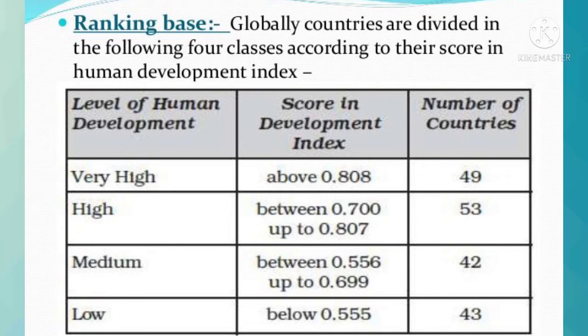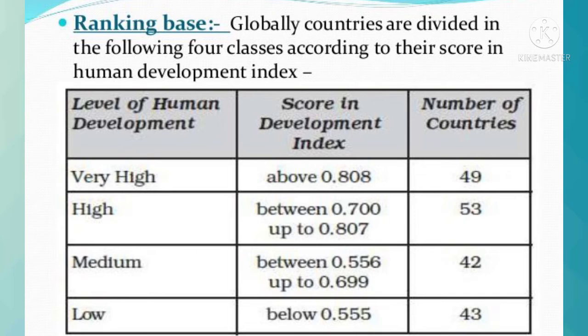So around 59 countries are above 0.800 in the development index. And 53 countries are there which are between 0.701 and 0.799.